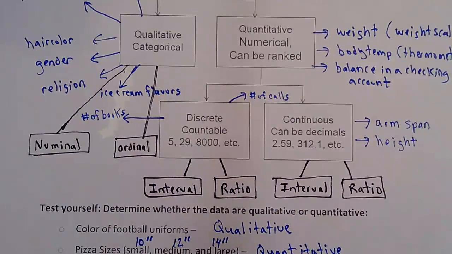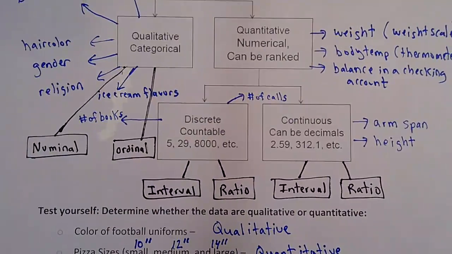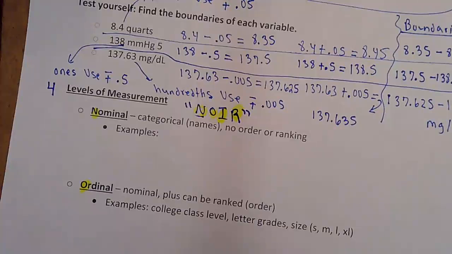All right. Okay, so let's see. Where were we? Back to nominal. Okay, so nominal: categorical names, no order or ranking.